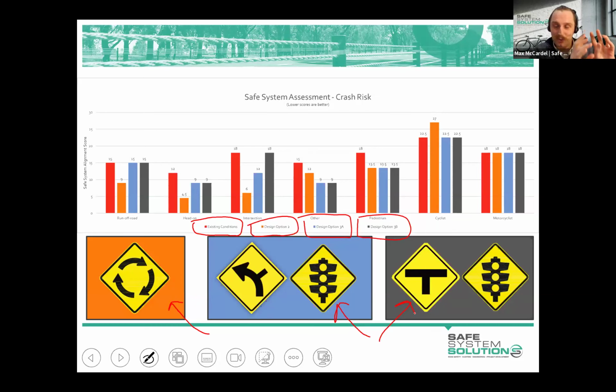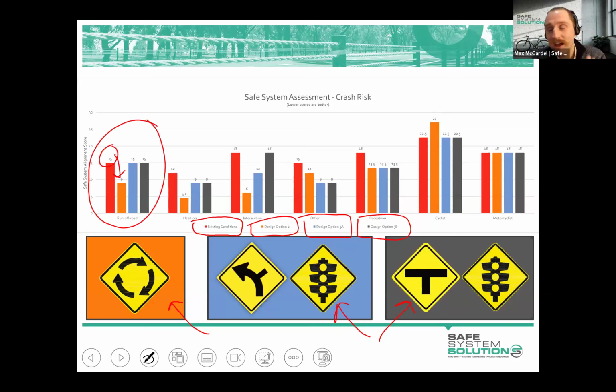So quickly, what we can identify with this output is, I'll just pick one. Let's have a look at the runoff road. We can see that the runoff road crash risk score for existing conditions is a 15. For the design option 2, the roundabout, we can see that that score is dropping.